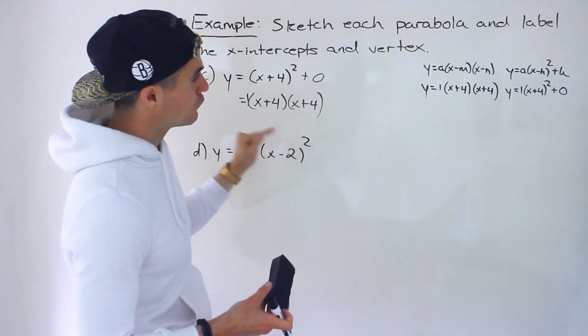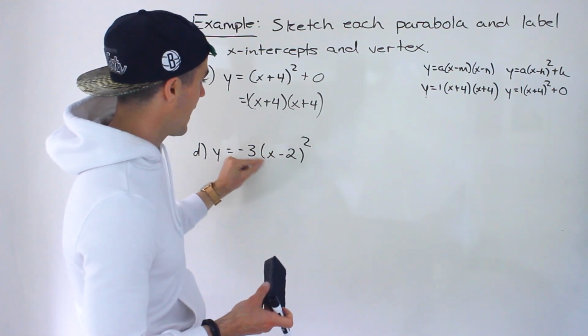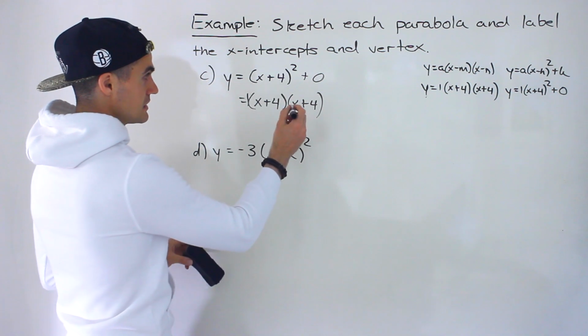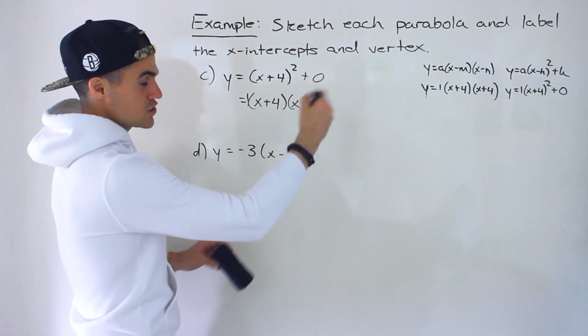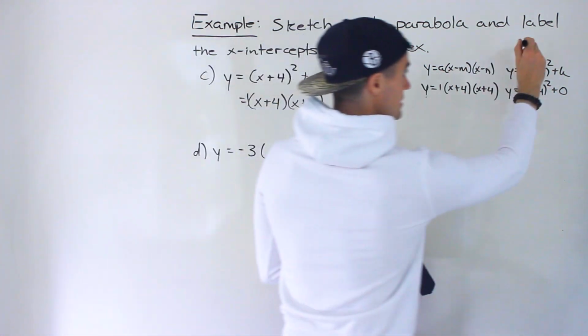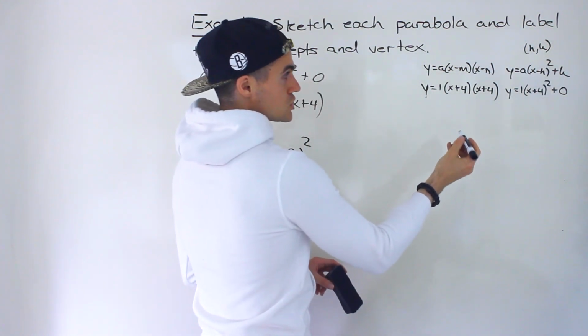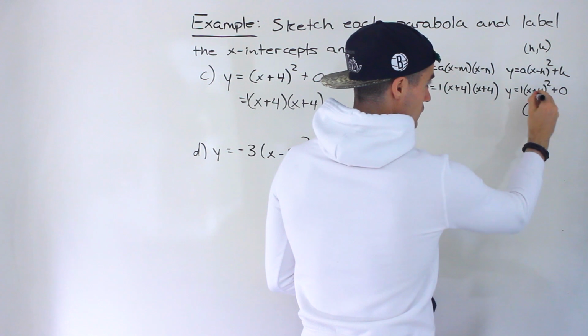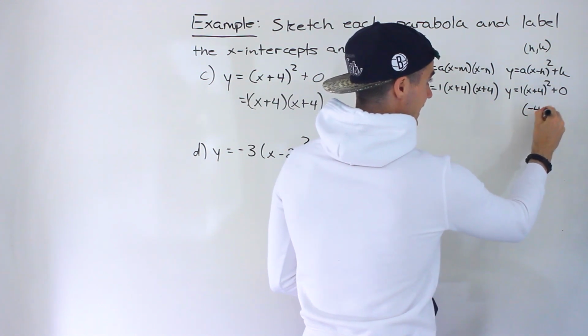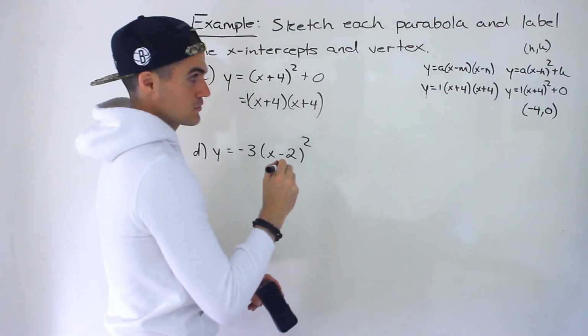And if you remember in the vertex form videos, whenever you have something in this kind of format, in general a vertex form, the vertex is going to be at h and k. So from the vertex form here, we could tell the vertex is going to be at -4 and 0.